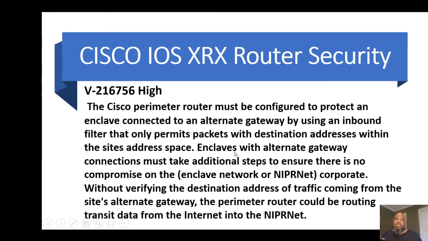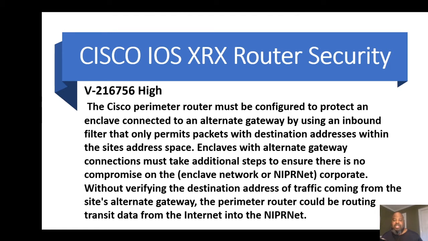The Cisco perimeter router must be configured to protect the enclave connected to the alternate gateway by using an inbound filter that only permits packets with a destination address within the address space. Enclaves with alternate gateway connections must take additional steps to ensure there is no compromise of the enclave network, or NIPRNet, which for the public would be the corporate network, without verifying the destination address coming from this alternate site gateway.